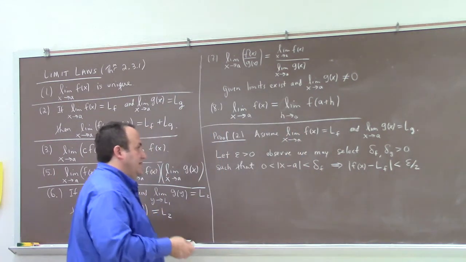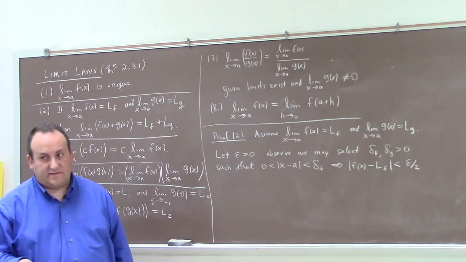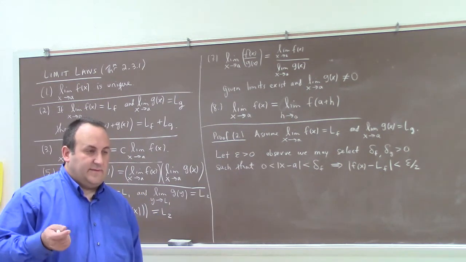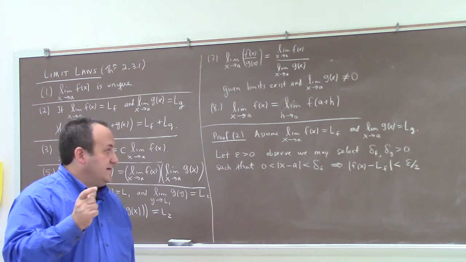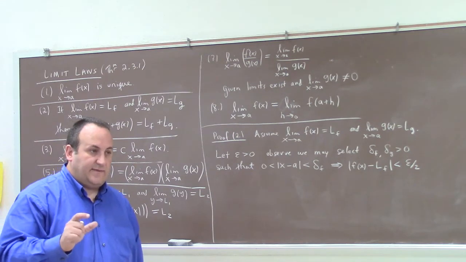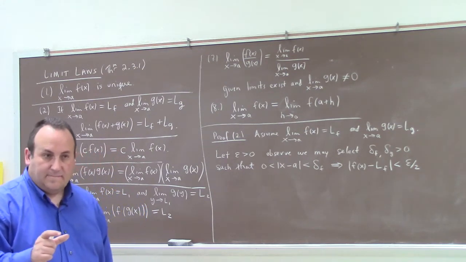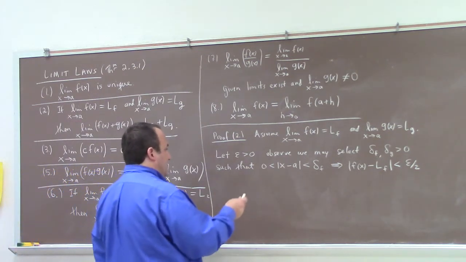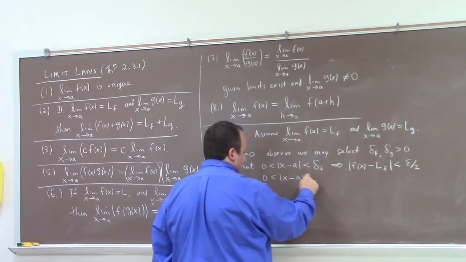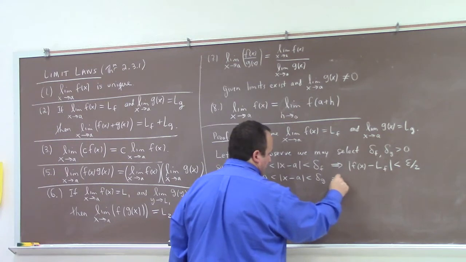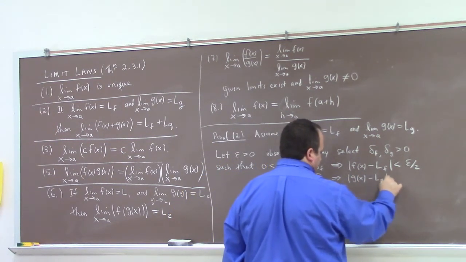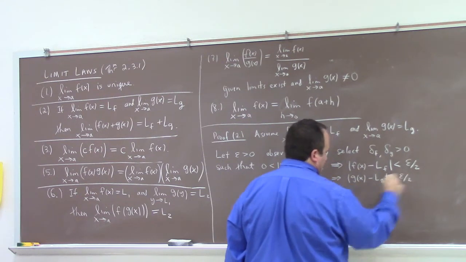Why can I do this? Well, I can do this because I'm assuming the limit exists, right? That means I can get close enough to the limiting value to make the distance between f of x and L sub f as small as I like. Certainly, I can make it within epsilon over 2 units. And see, I can do the same for the g. Right?